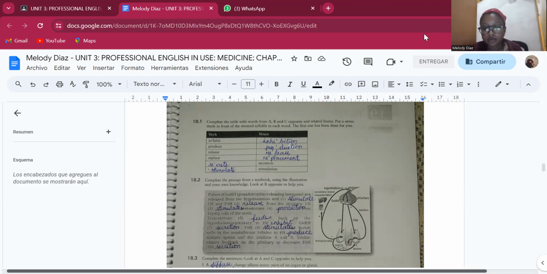Verb produce, noun production. Verb release, noun release. Verb replace, noun replacement. Verb secrete, noun secretion. Verb stimulate, noun stimulation.